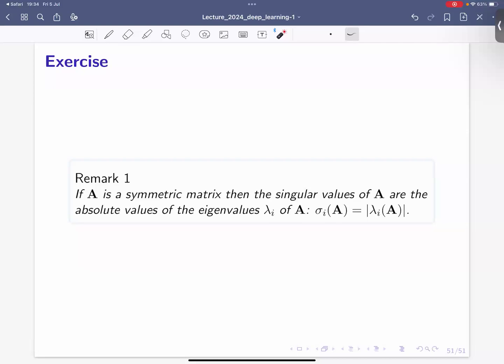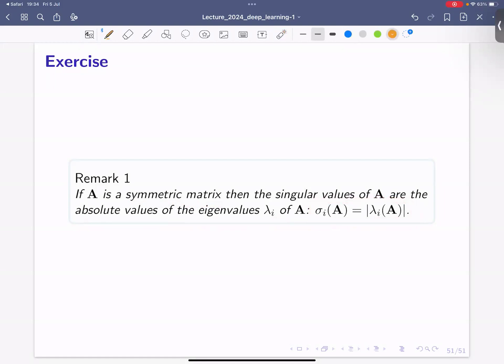As an exercise, I'll conclude with this. You can try to show that if the matrix A is symmetric, the singular values correspond to the absolute values of the eigenvalues, lambda_i. So essentially proving that this holds.